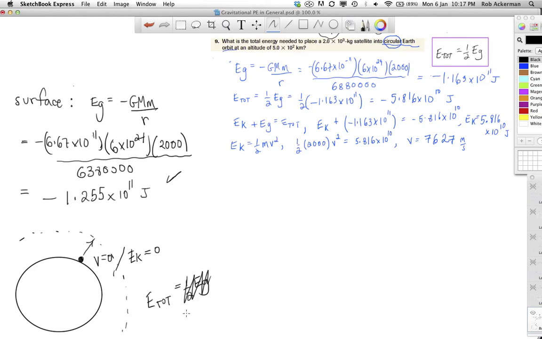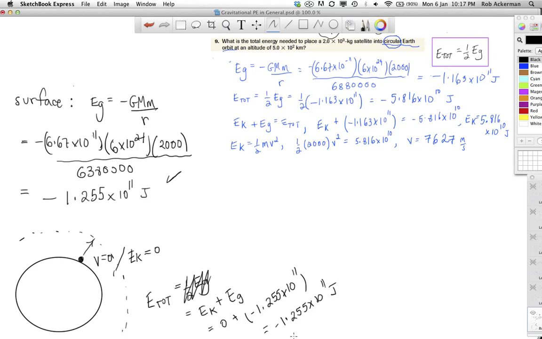If you're sitting on the launch pad, total energy, which is EK plus EG, is going to be 0 plus this negative number that I just calculated, negative 1.255 times 10 to the 11, which is pretty easy. That's just going to give us this. So that's the total energy we have on the surface.